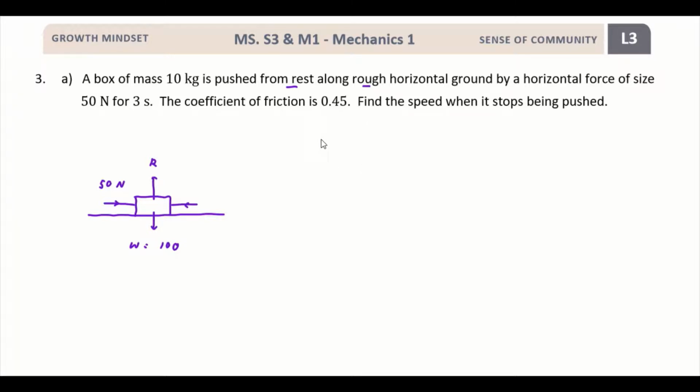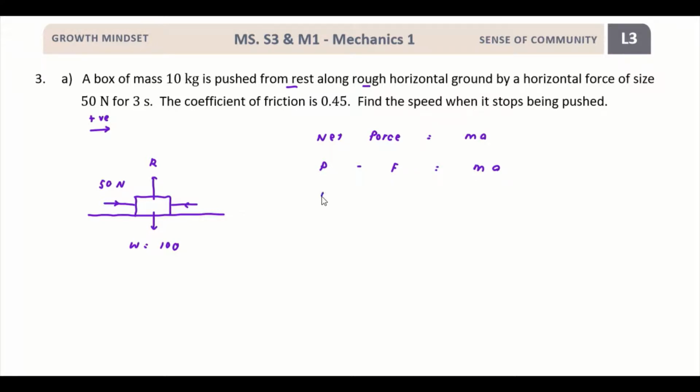The net force is equal to ma. Since the direction of the motion is to the right, we make going to the right positive, which is easier. So we have the push minus the friction equal to ma.